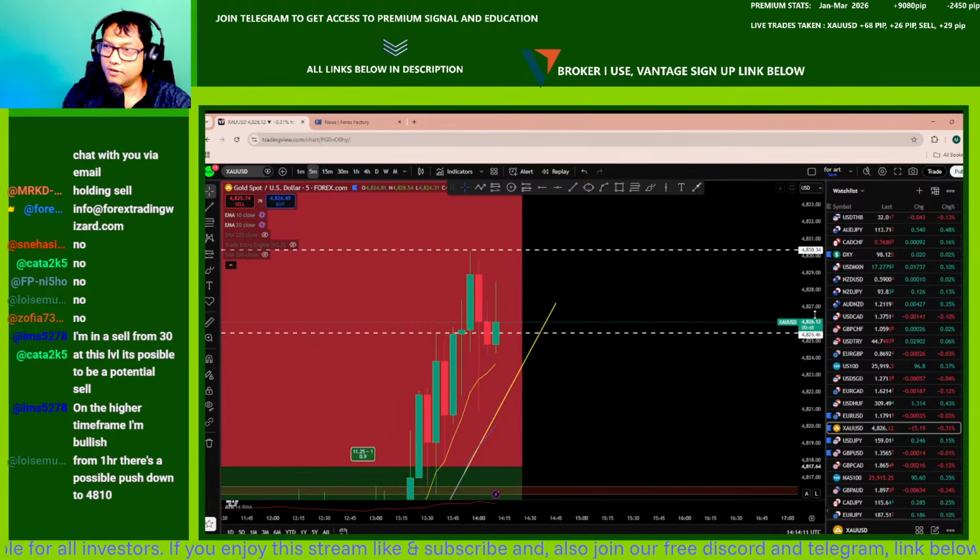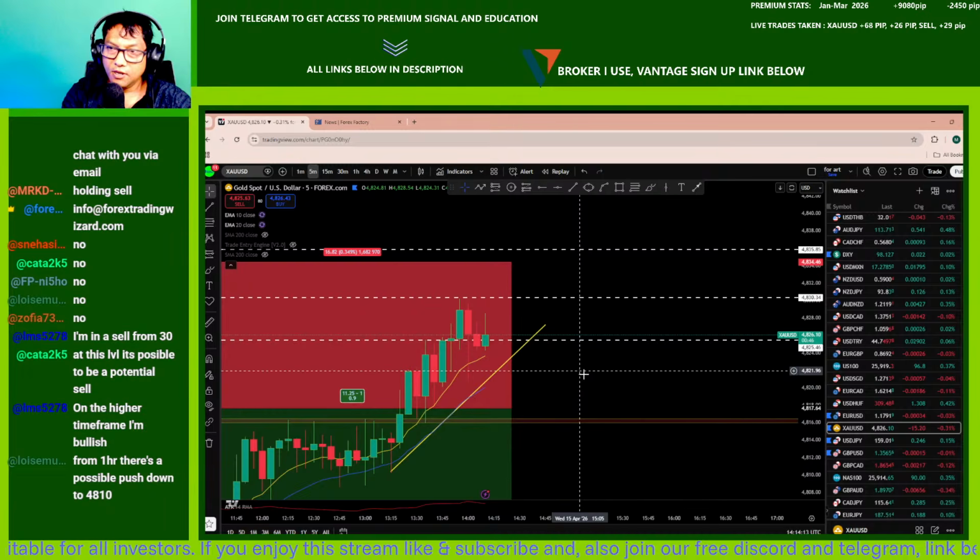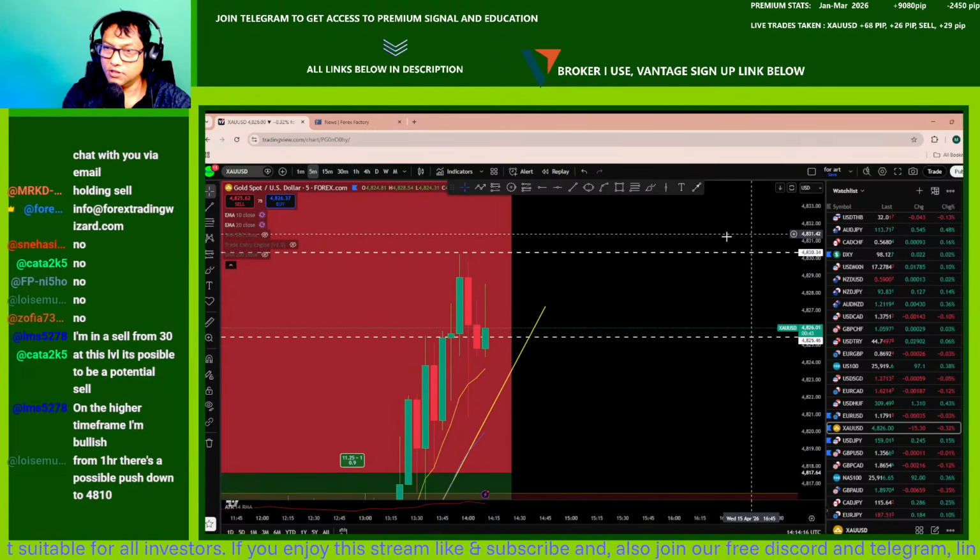With a long wick here that we could see further bearish move here in that area.